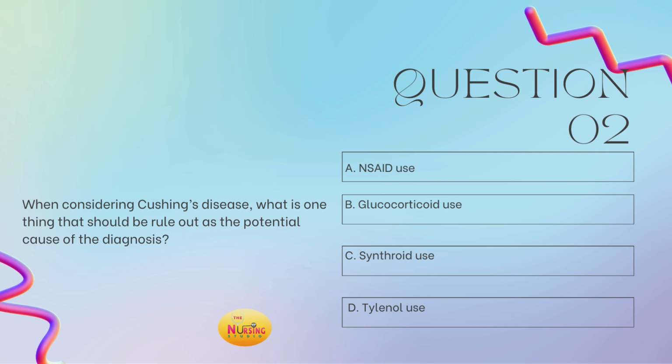So one of the first things you want to do is rule out any glucocorticoid use, because think about it, with Addison's disease, because we are deficient in the hormone, not producing that aldosterone and cortisol enough, we add it back in. Remember, I was saying we need to add back in the last question.